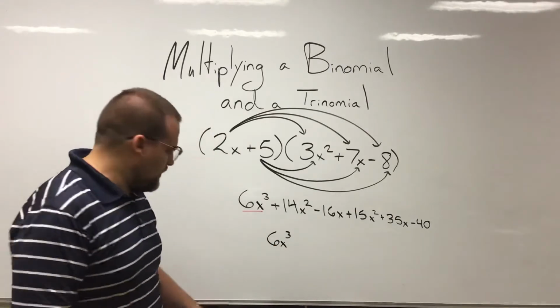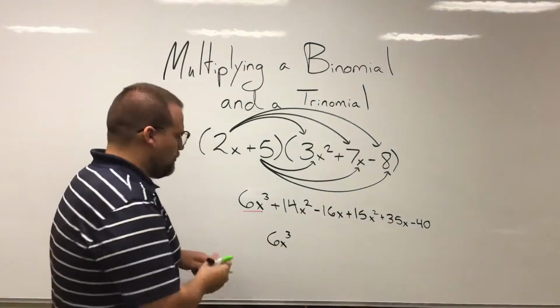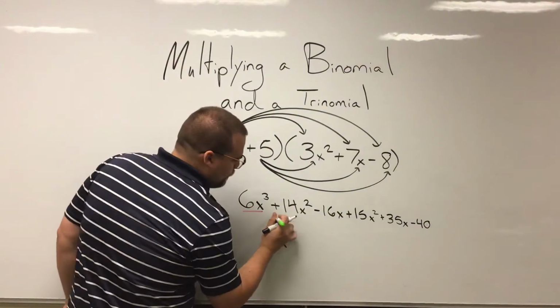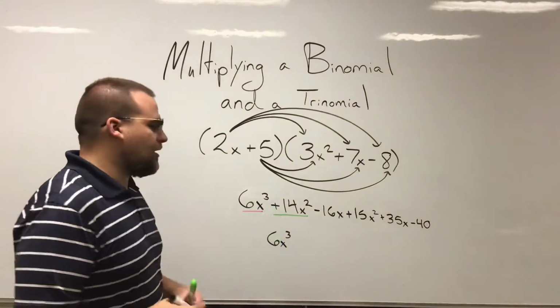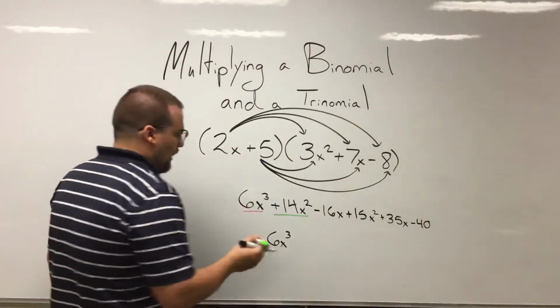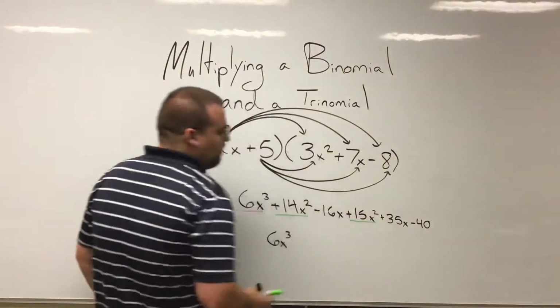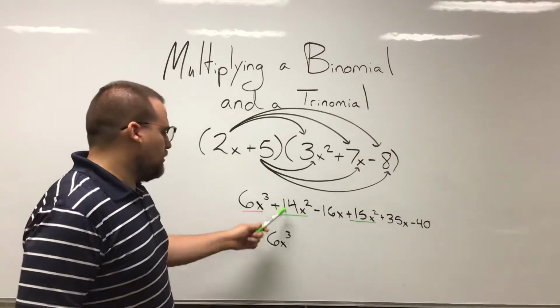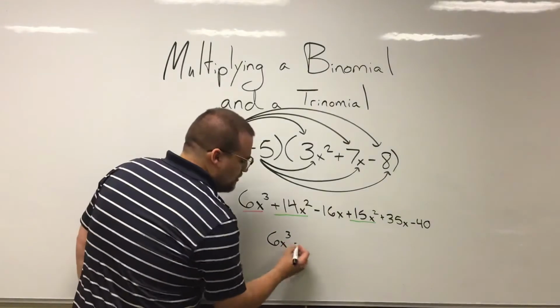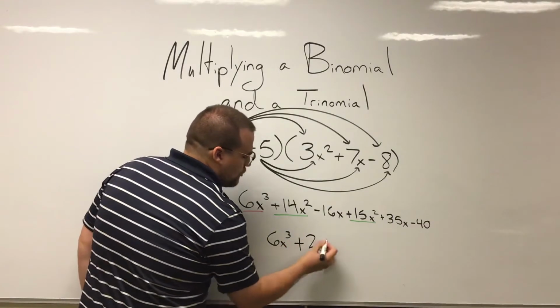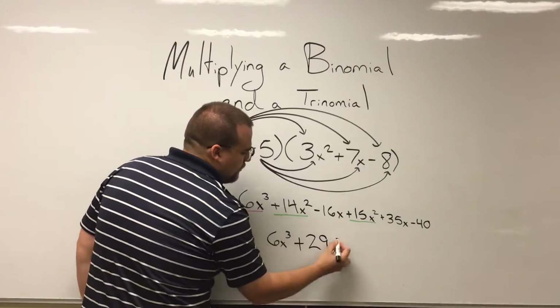Next up, we can look at our x squared term. We have positive 14x squared. Do we have any other x squareds around? Absolutely. Positive 15x squared. So positive 14 and positive 15 are together going to make 29x squared.